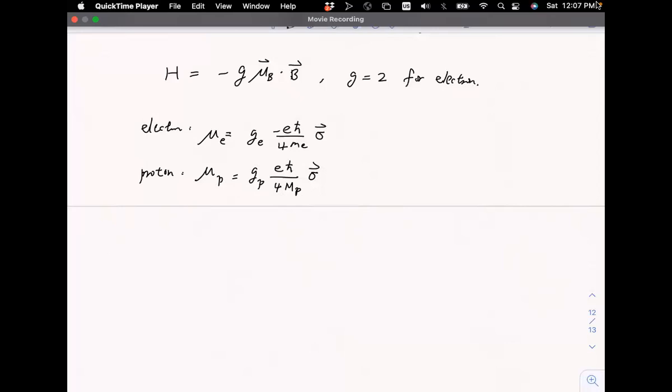But when these 3 quarks combine together and interact, somehow the overall G factor will be different. The details I don't know, but you just need to know the G factor for proton and neutron are not the same.